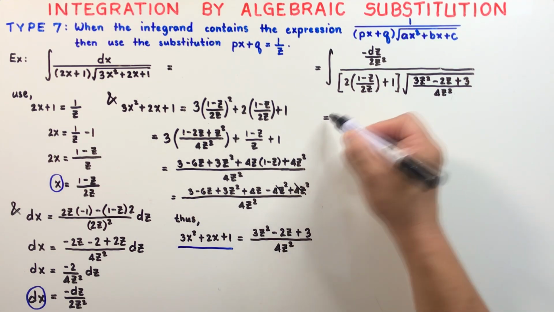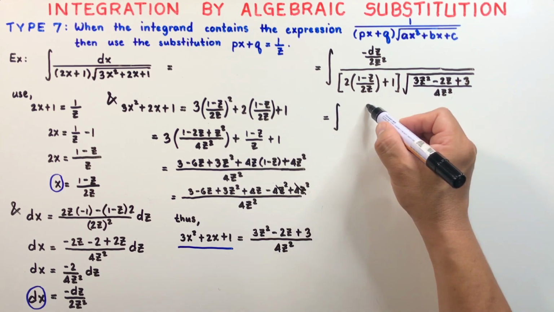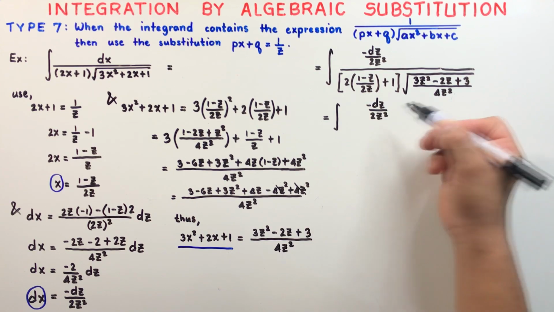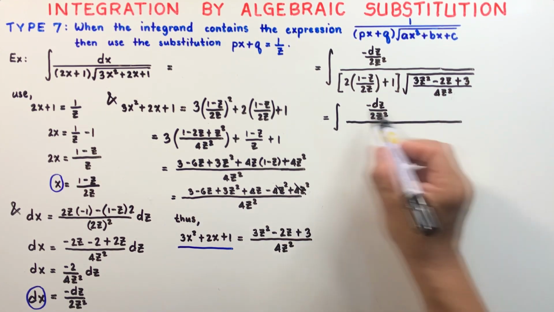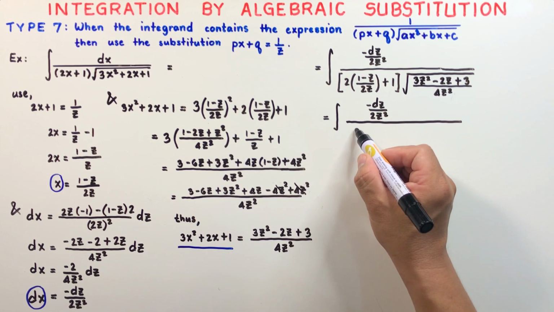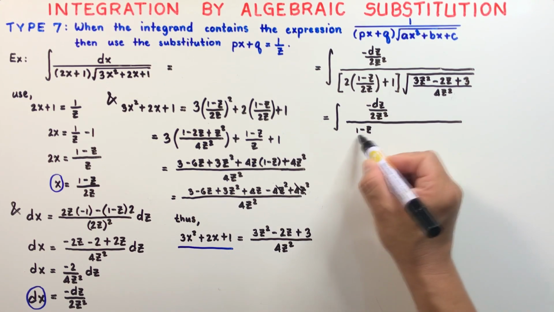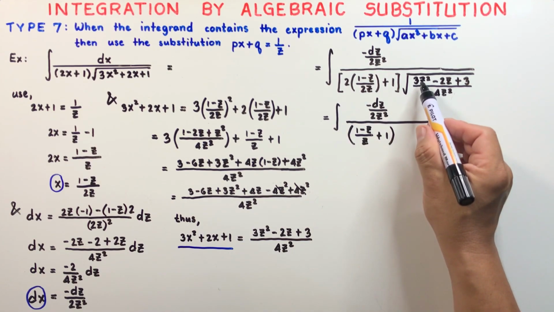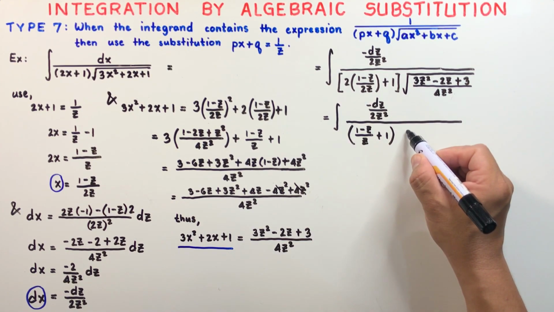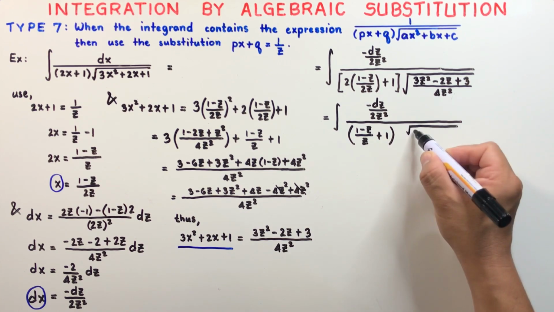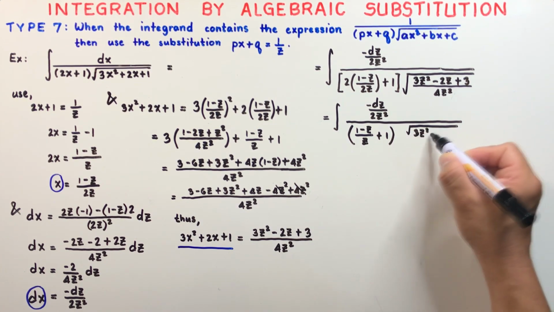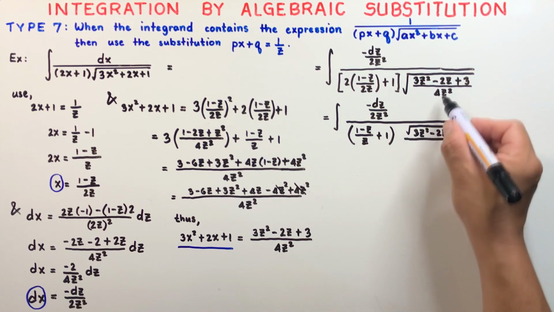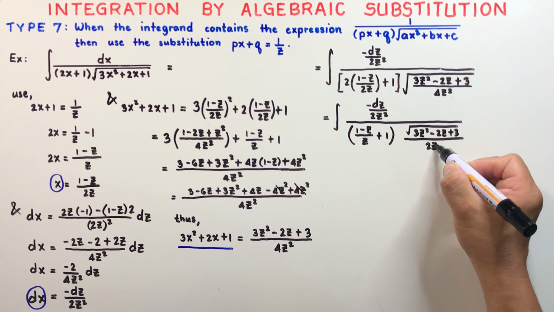So simplifying our integrand, we have negative dz over 2z squared. But this is divided by this 2, and this 2 cancels. So we have 1 minus z over z plus 1. Taking individually the square roots, for the numerator we have the square root of 3z squared minus 2z plus 3. We know that the square root of the denominator is 2z.